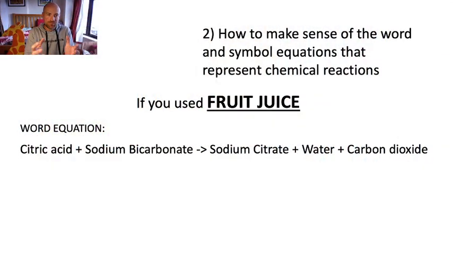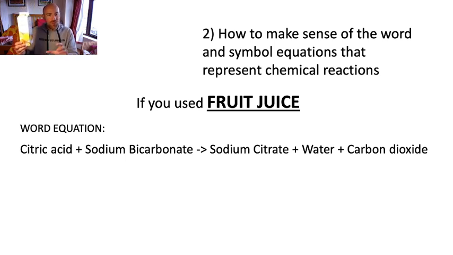So the aim for me now is to take the mystery out of what the word equation is and what the symbol equation is. In your orange juice, there are lots of different substances, there's a lot of water in there, but the active ingredient, or the reactant that is taking part in the chemical reaction, is something called citric acid.